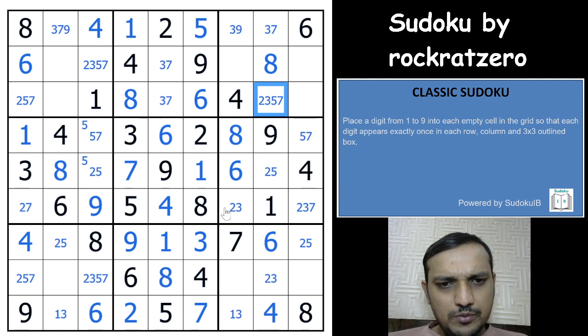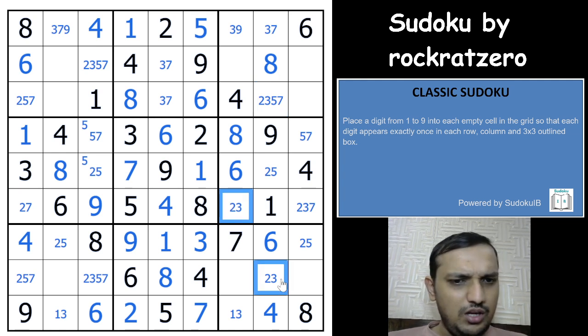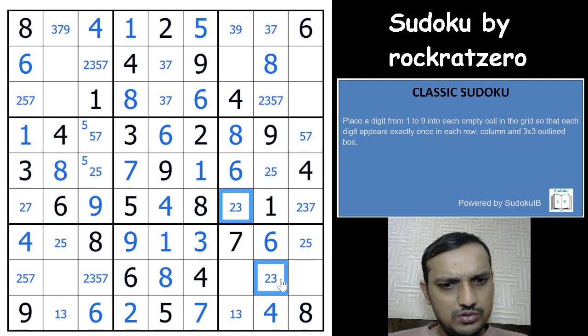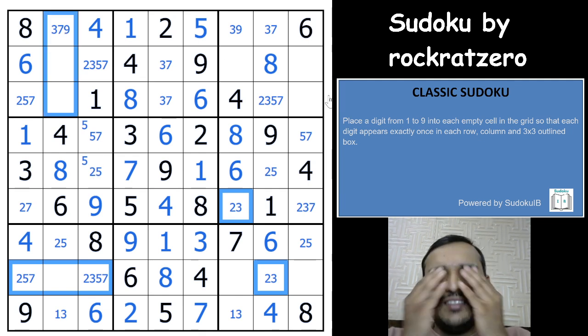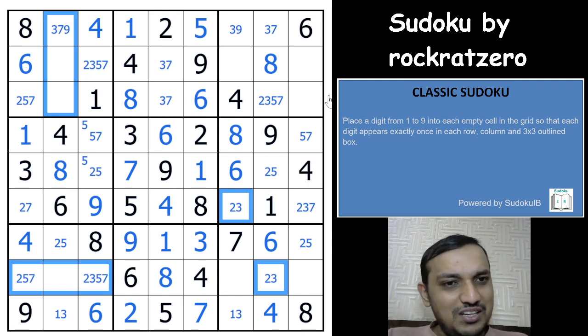Can this be a W wing? If both of these are 3, for example, okay, if both of these are 3, guys, there's something I really don't want to do.